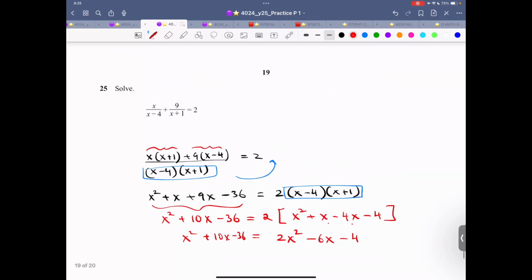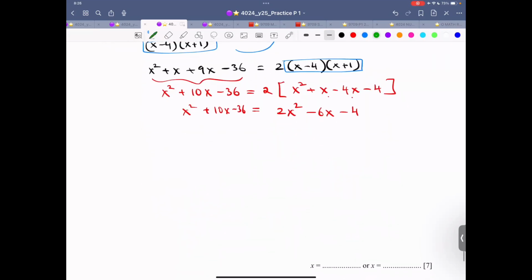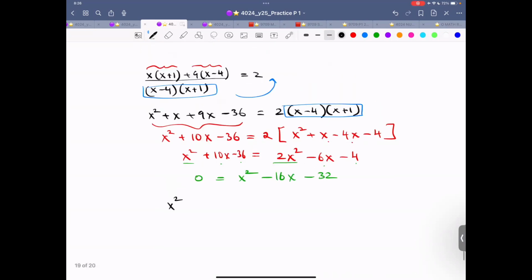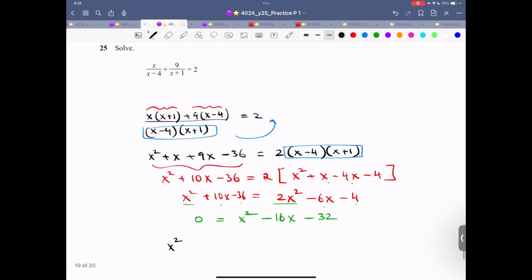What are they asking? Solve. So now over here, equal to 0. 2x squared minus x squared, that is x squared, minus 6 minus 10 is minus 16x, minus 4 plus 36, that is negative 32. Middle term factorization, x squared, 32. 8 fours are 32. Let me just double check one thing, if everything is done correctly.